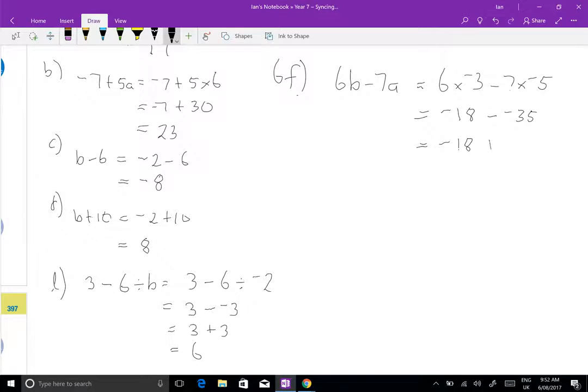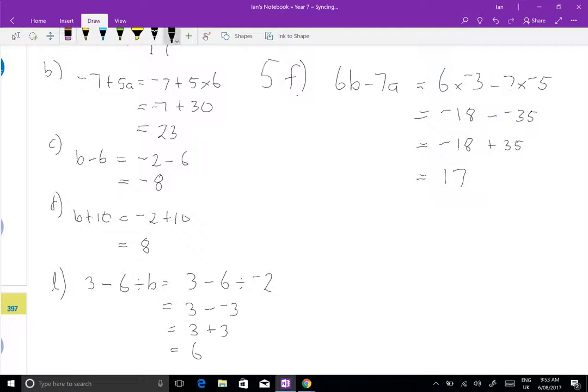Minus minus becomes a plus 35. -18 plus 35, I'm pretty sure will be 17. And I just check to make sure 5F is 17. So I'll just make that right.